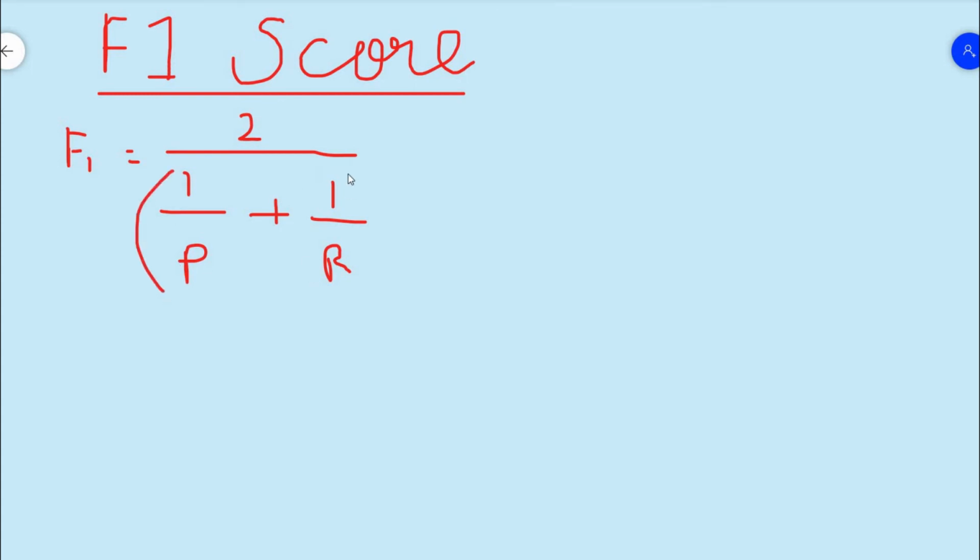I'm not going into the proof of this one. It will make the video lengthy. If you want the proof, I'll show it in some other video. So for now, we'll consider this as F1, which is the harmonic mean. What happens is it usually gives more weight to lower values.